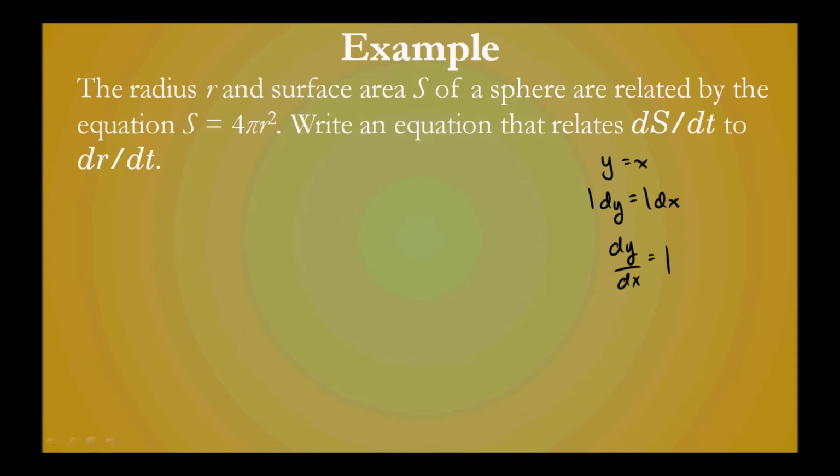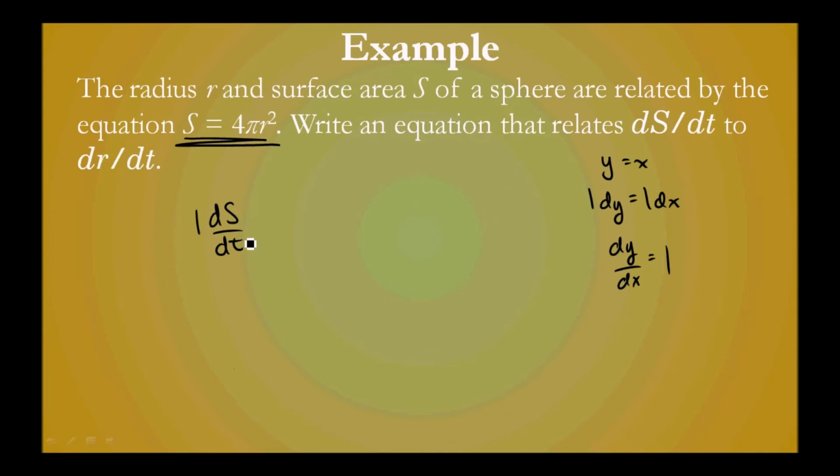Going back to this example, we're going to differentiate this equation. The derivative of s is 1 ds dt. We're relating this variable s with time, so the derivative of s is 1 ds with respect to time.